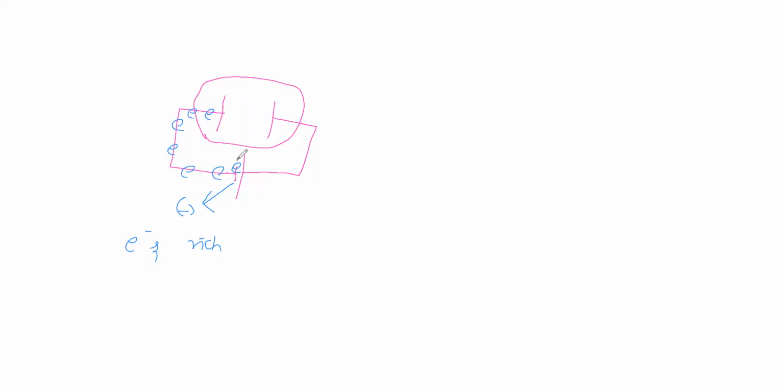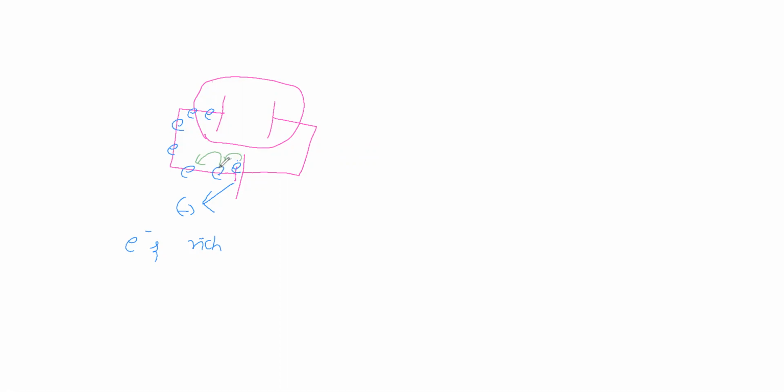An electron from the negative plate comes to this place, while this electron goes to this place. Why? Because when this electron comes here, repulsion takes place.